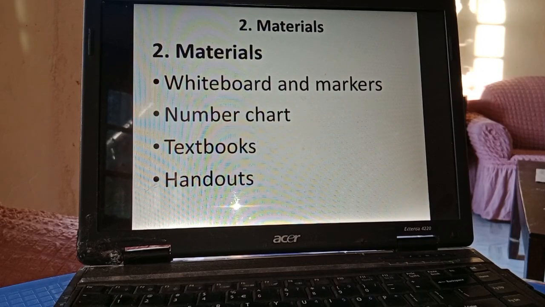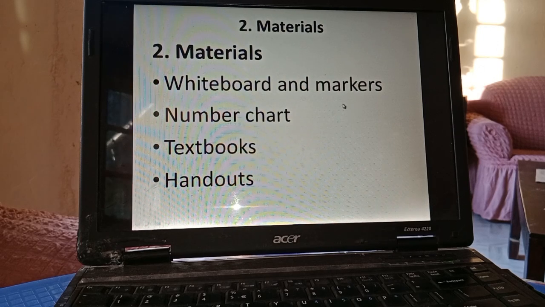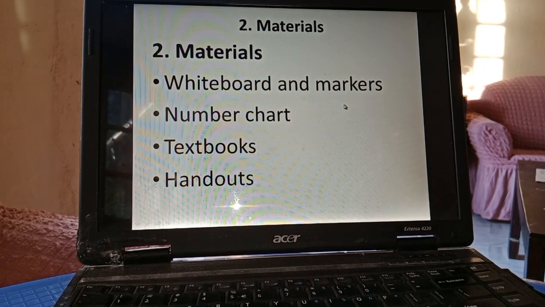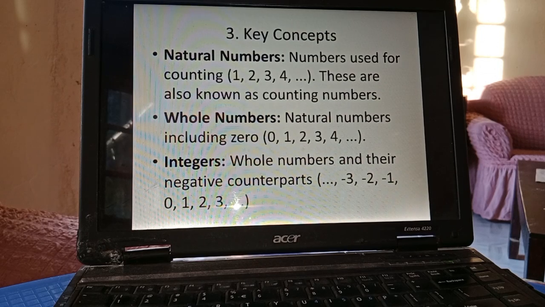Materials: whiteboard and markers, number chart, textbooks, and handouts. Key concepts: natural numbers, numbers used for counting, 1, 2, 3, 4. These are also known as counting numbers.